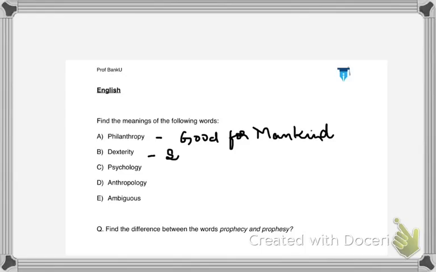The second word is dexterity. Dexterity means skillful. You can relate it to Dexter, the cartoon, since Dexter was very skillful, and you can always remember that dexterity means a skillful person.